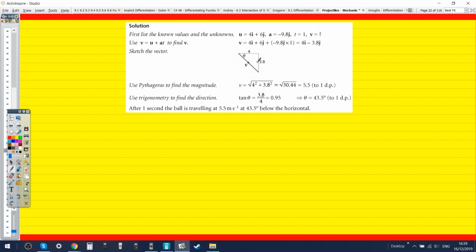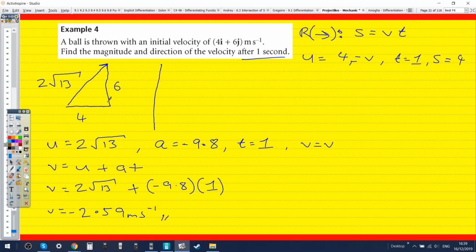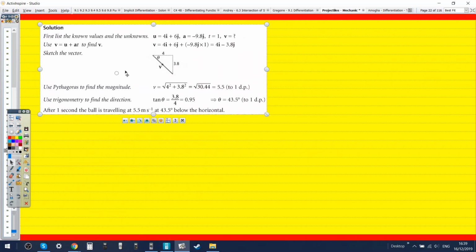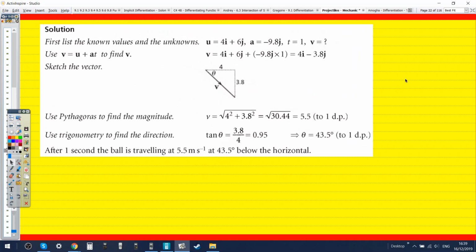And then the other one, let's see. 2 root 13, was that 3.8? I got 7.2 for 2 root 13. Okay, let's see. They did 4 plus 6. Oh, they did it all in one go: u plus at.